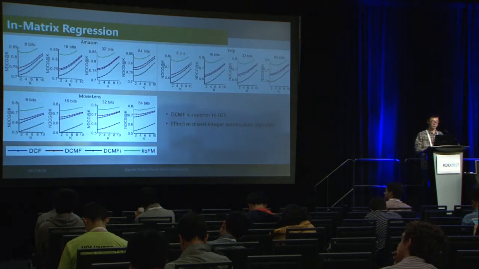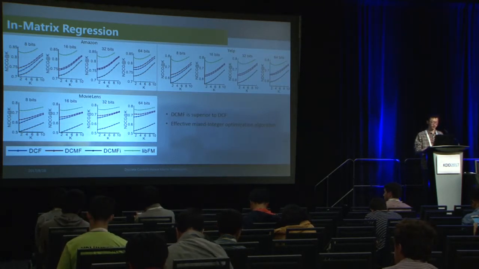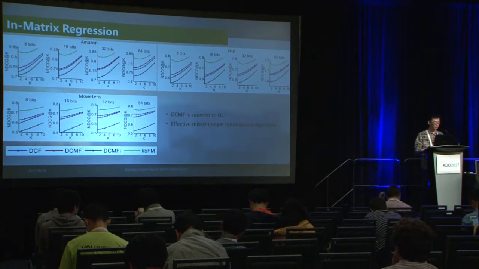In our experiments, the results of in-matrix regression are shown on the screen. From these 3 figures, we can see that the red line indicates the performance of DCMF, and the blue line indicates DCF. By comparing the red line with the blue line, we can see DCMF outperforms DCF in all 3 public datasets.